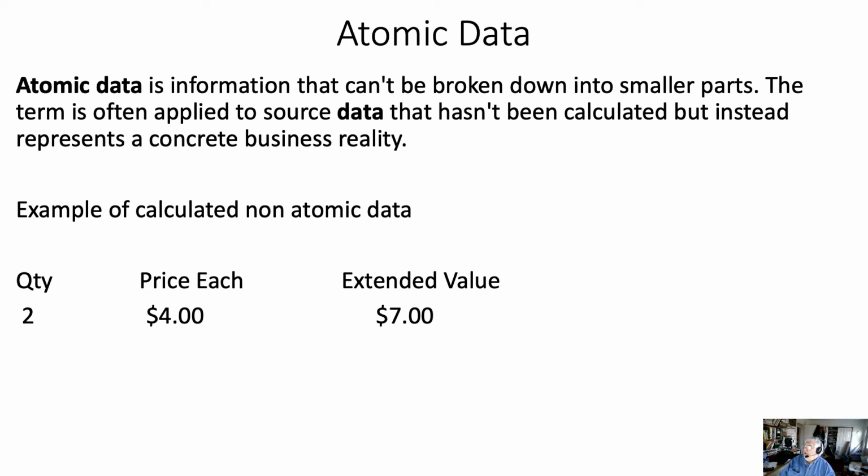The other problem you need to worry about is calculated data. People will often say, well, I'm going to store three values. I'm going to store the quantity on the line, the price of each unit, and then I'm going to store the extended. Well, what do we see as a problem here? On what planet is 2 times 4, 7?